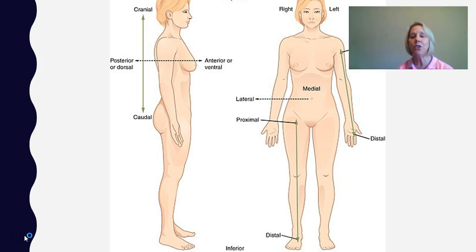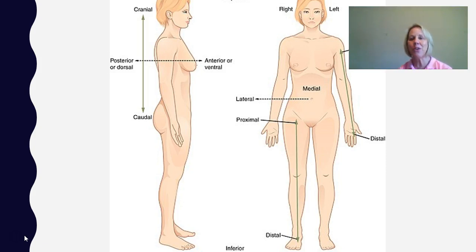So we would say the shoulder is proximal to the elbow, or the wrist is distal to the shoulder. And the most distal part of your arm is going to be the fingertips.